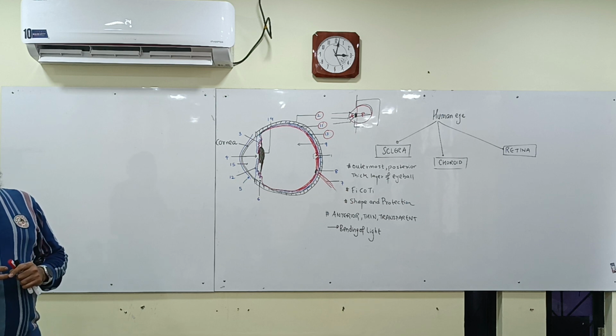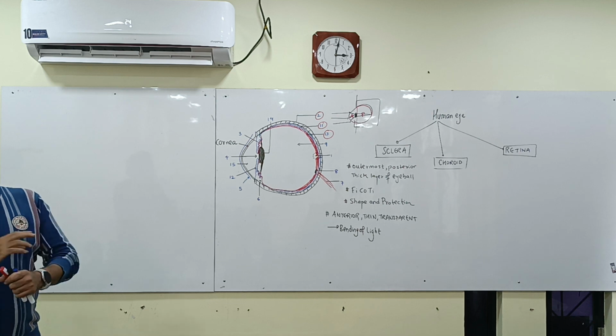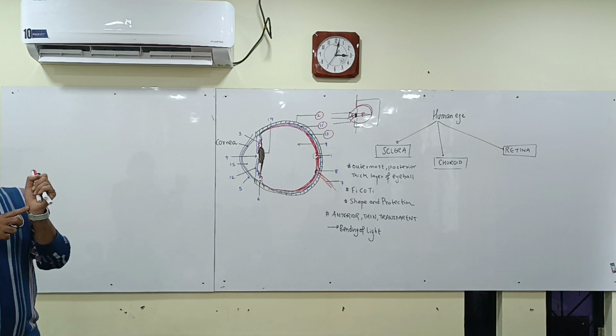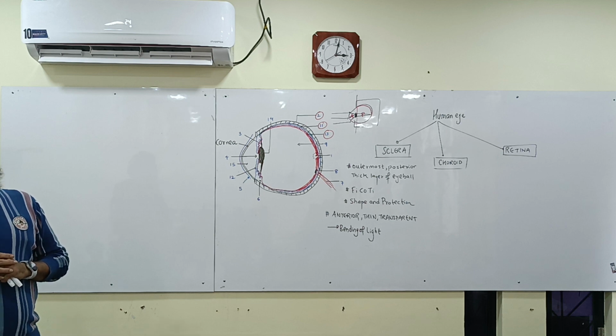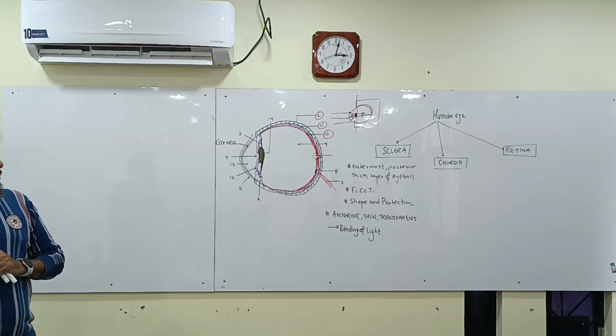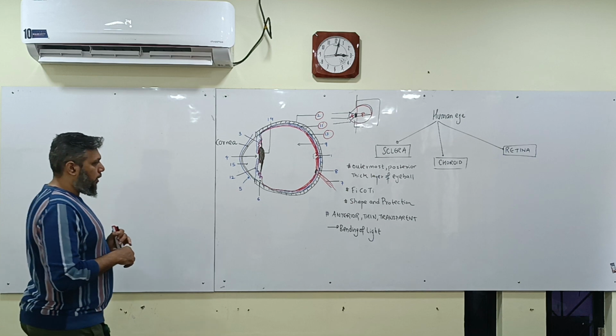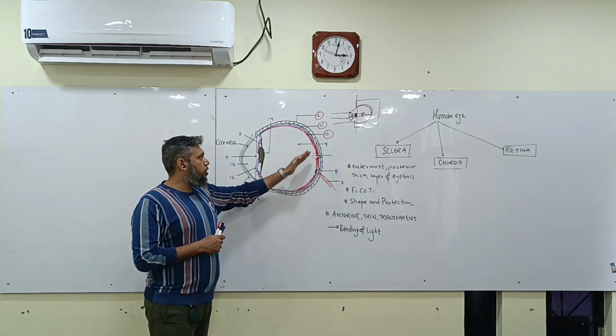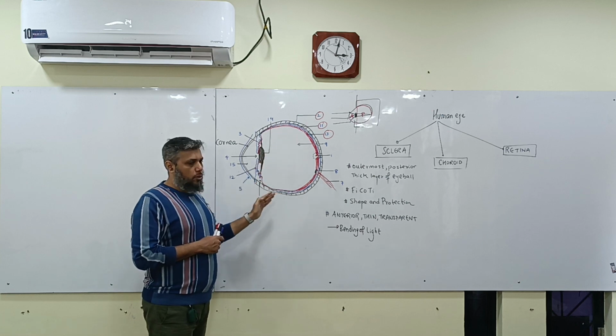And highly vascular. When there is a lot of vascularity, it means there will be arteries, capillaries and blood vessels, and the coats of the blood vessels. Which color does it show? Bluish color. Another thing I told you is it is thin and it covers the posterior 2/3 part of the eye.